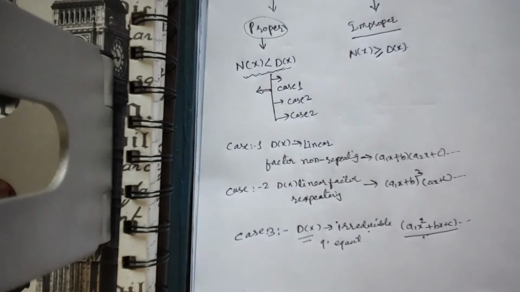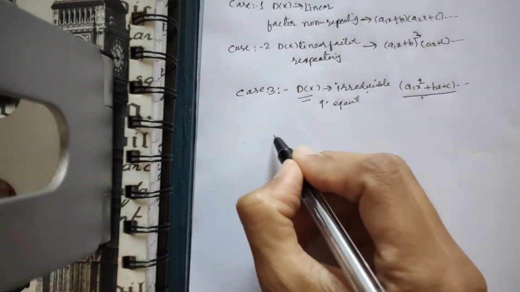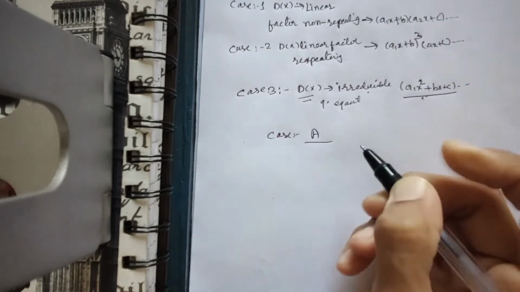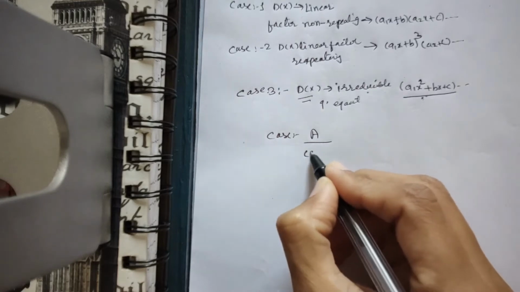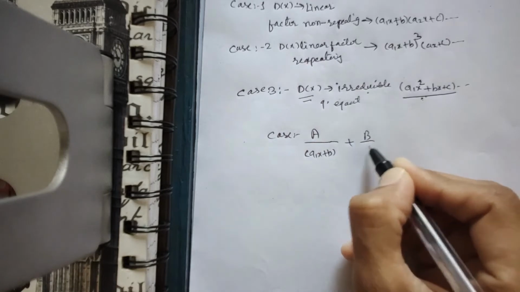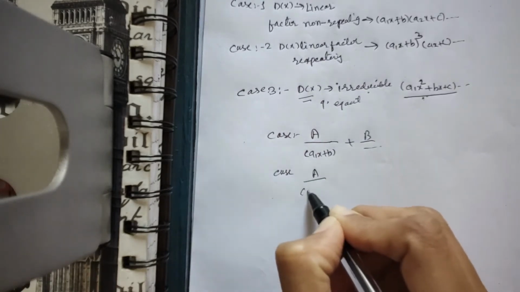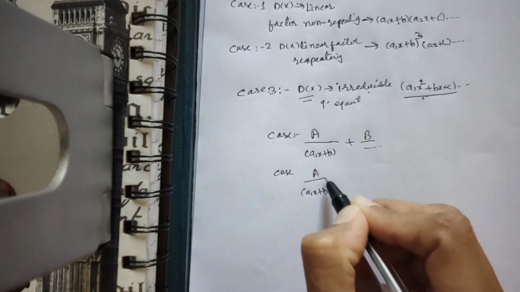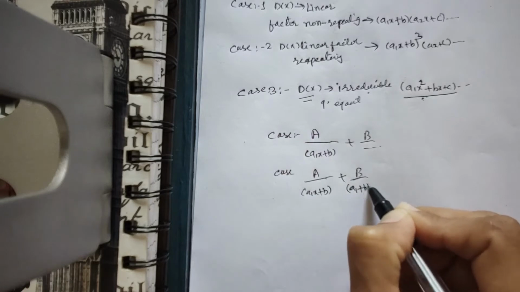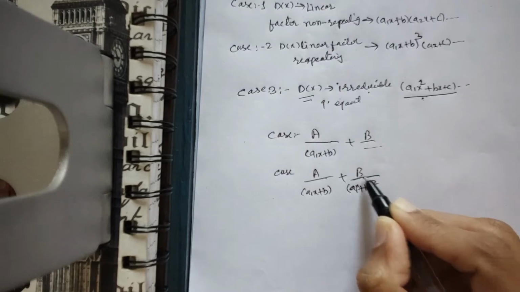For case 1, we just need to write a simple constant over the linear factor, a upon the first factor plus b upon the second. For case 2, a upon a1x plus b plus b upon the same bracket with power. If we have square here, then we will find a second constant.